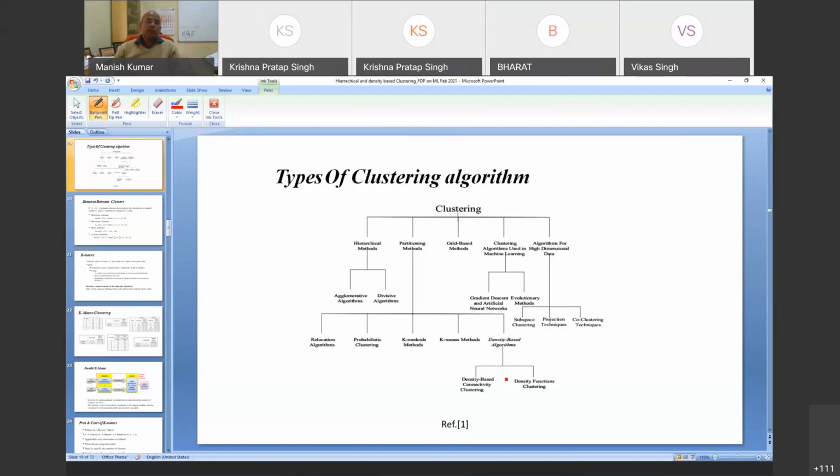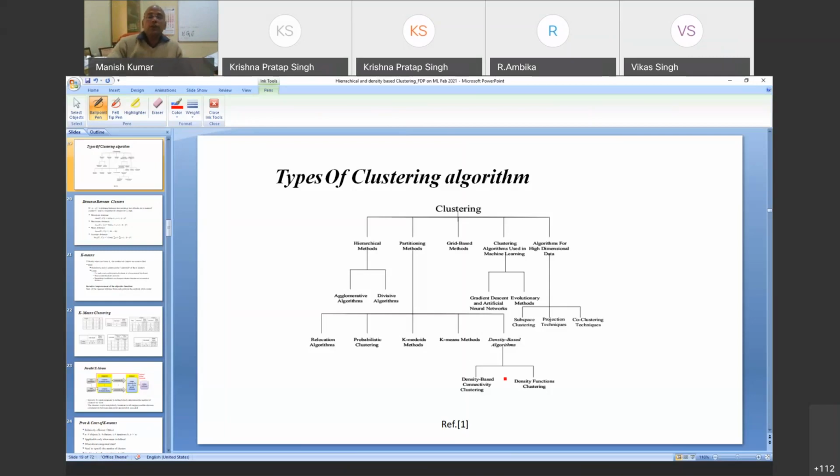I'll be covering hierarchical methods, which talk about agglomerative and divisive algorithms, and I'll be talking about how k-means can be used for clustering, and how k-means can be used for a high amount of data, say large data or big data. Then I'll be talking about important algorithms of density-based clustering. So that will do.